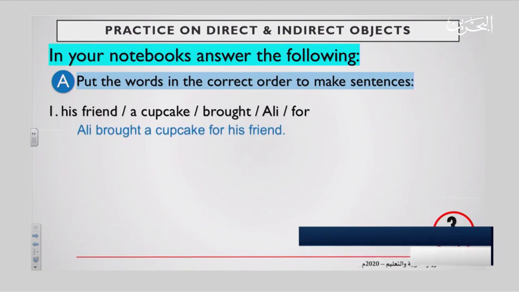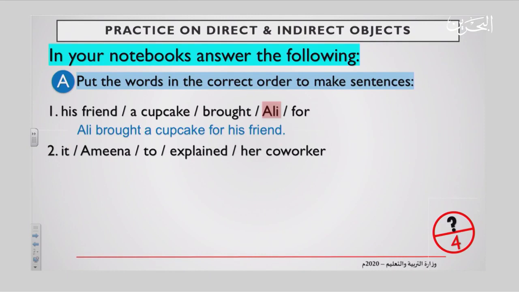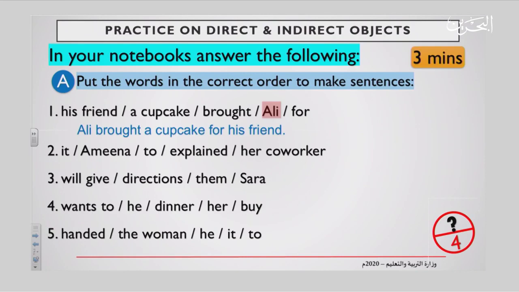Like this one. Ali brought a cupcake for his friend. And if you notice, I started with the subject, Ali. That will make things easier for you. Now, you have number 2, 3, 4, and 5. And you have 3 minutes to do them.